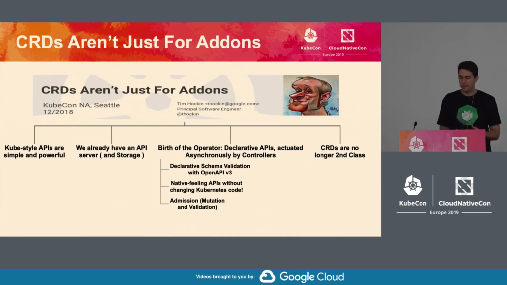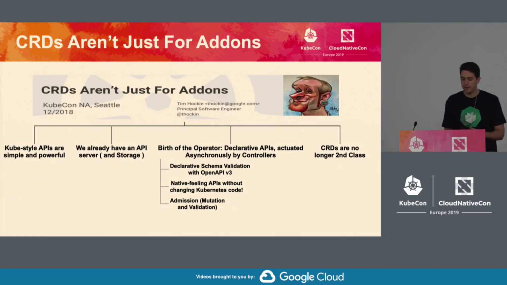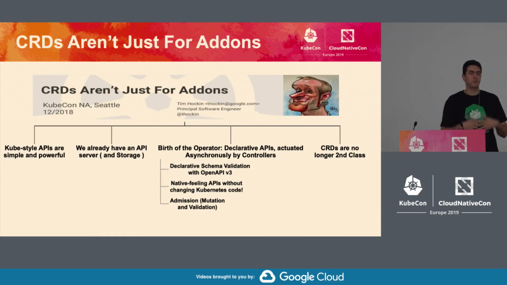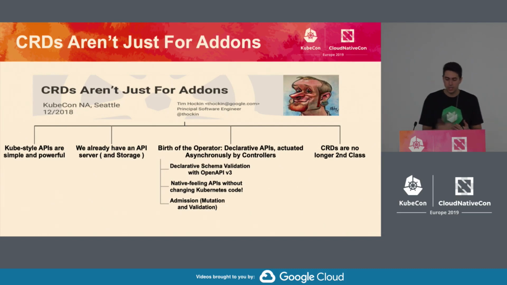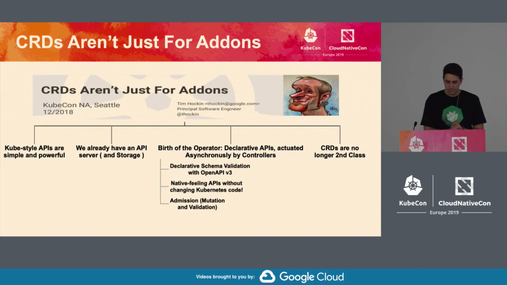He also talks about the birth of the operator pattern, which is a way to encapsulate domain knowledge, whether it is databases, storage, or basically anything. It could be networking too, right? And there's also the native feeling that you get, as if you're declaratively defining a pod, you also get with a CRD. There are also admission webhooks and mutation webhooks.